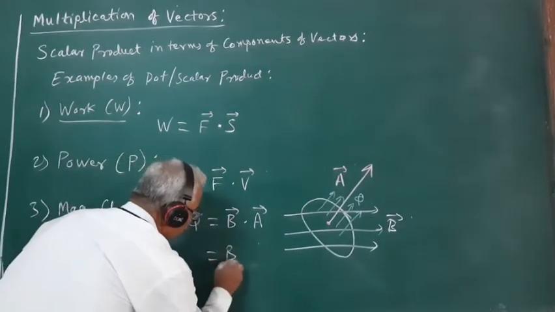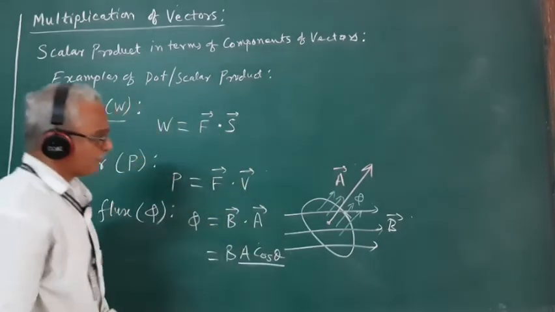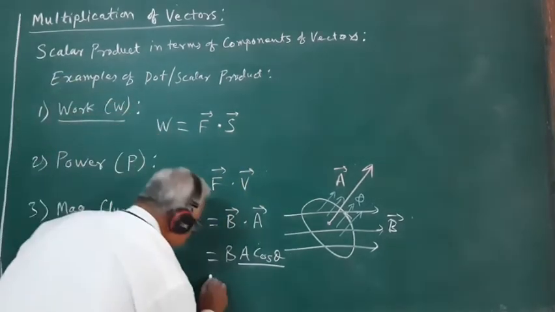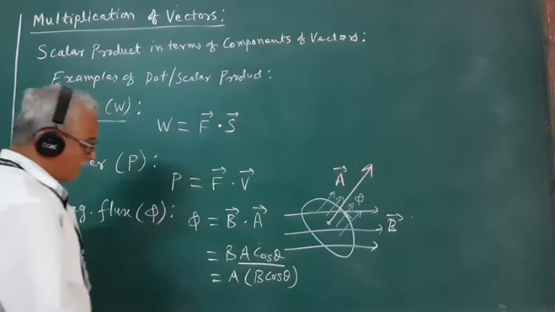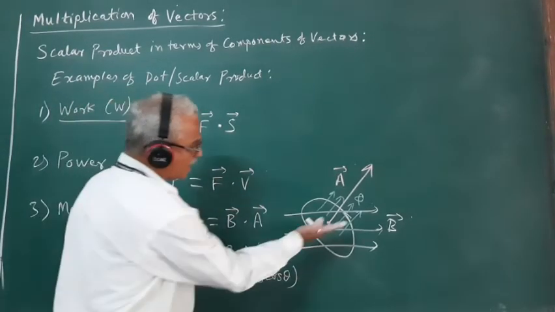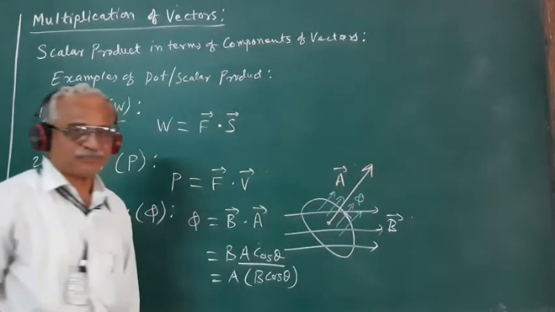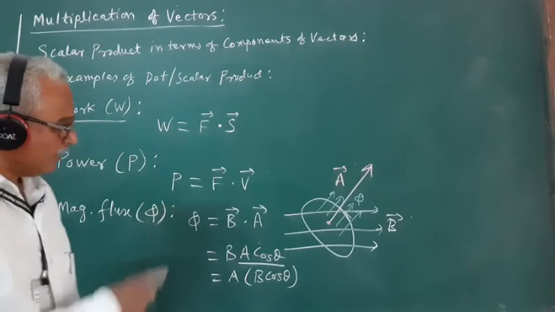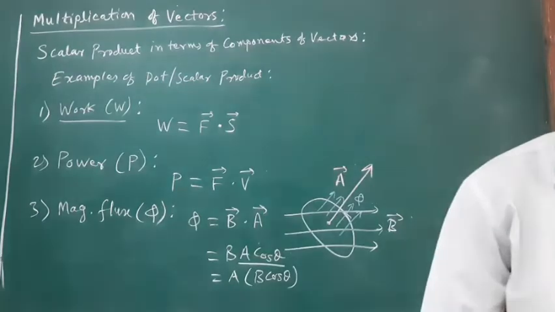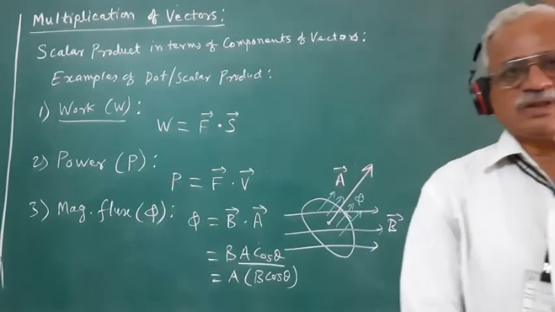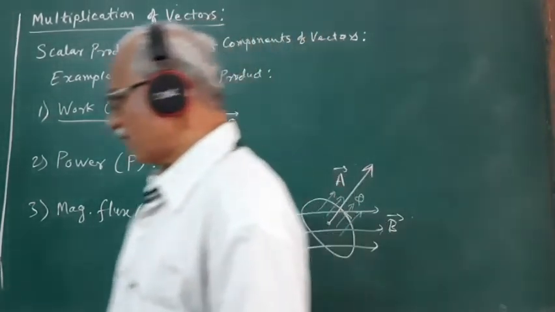So this is B A cos theta, where A cos theta is equal to A into B cos theta, where B cos theta is the component of the magnetic field in the direction perpendicular to the area. So that is how, in these situations, we observe that the product of the two vectors results in a scalar.